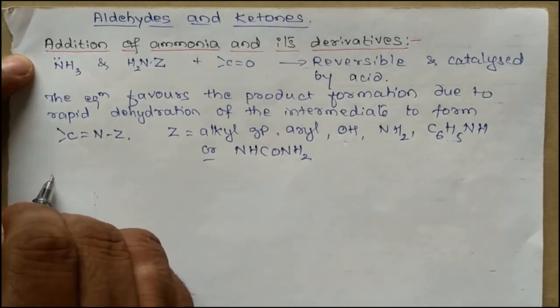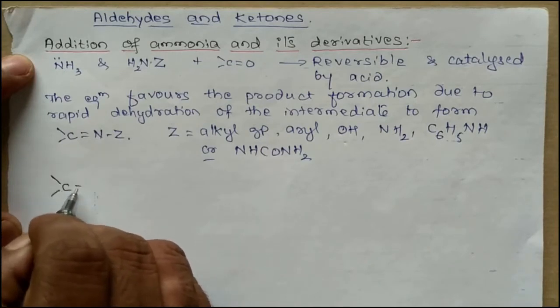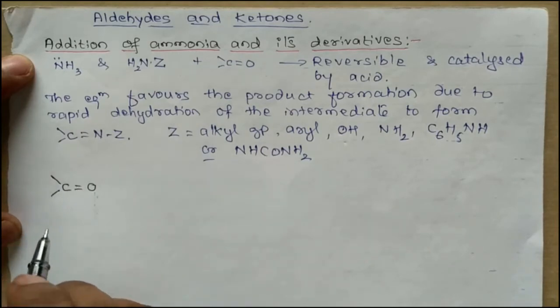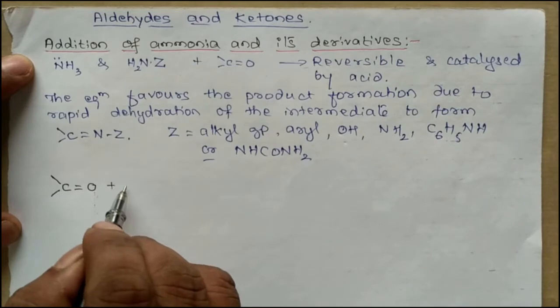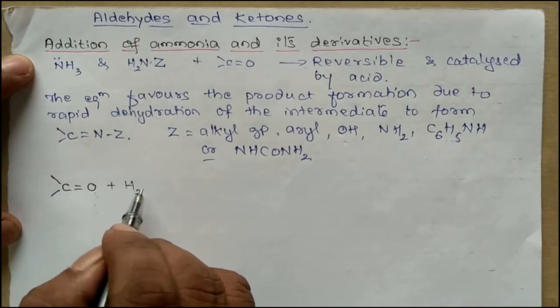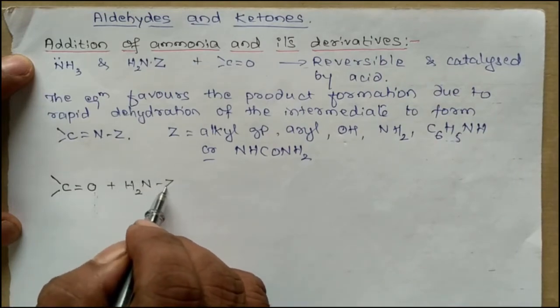The carbonyl carbon atom, C double bond O, adds to ammonia or its derivatives, that is H2NZ.